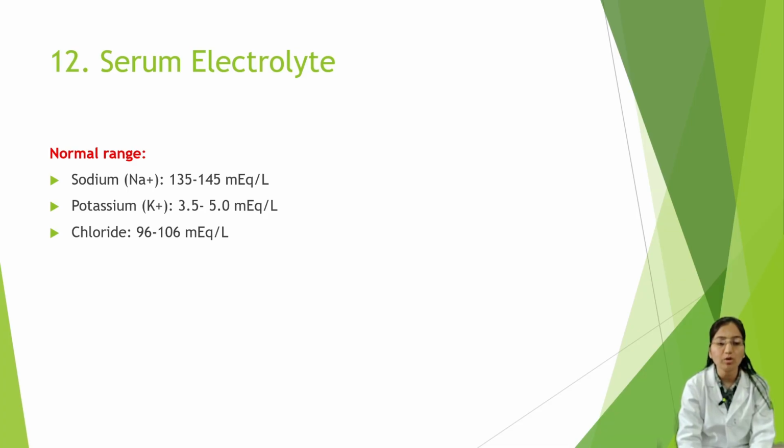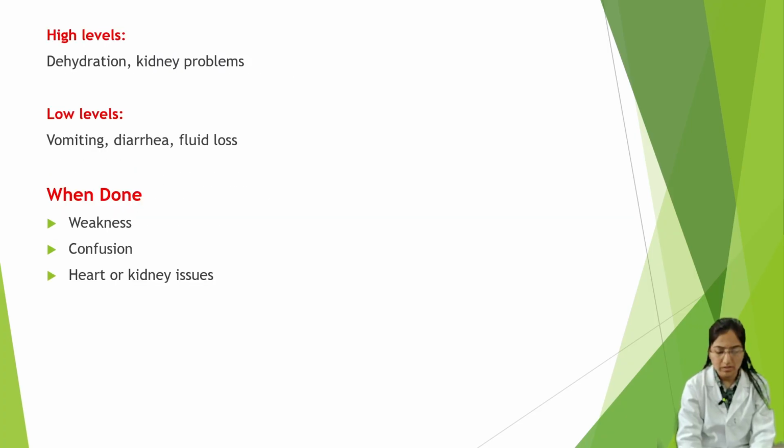This is all about the normal range of sodium, potassium and chloride. If this level is increased, we can see dehydration and kidney problems. If decreased, we can see vomiting, diarrhea and fluid loss. This test is done in the case of weakness, confusion, and heart or kidney issues.